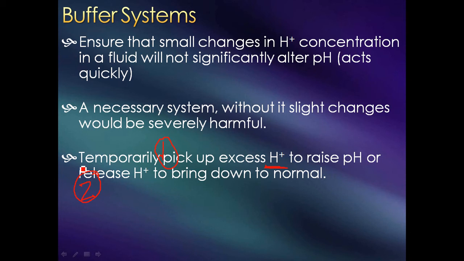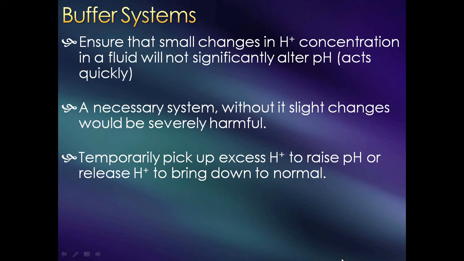We only have so many spots to stick those hydrogens in our buffer, and we only have so many hydrogens that we can break off. So eventually we're going to run out of hydrogen ions and places to put them, and then we're going to be in trouble. Which is why our body also has two additional systems set up to convert these temporary changes made by buffers into permanent fixes.